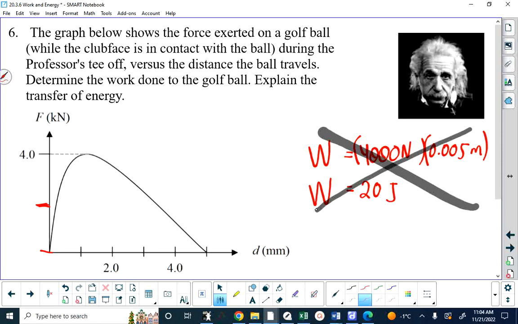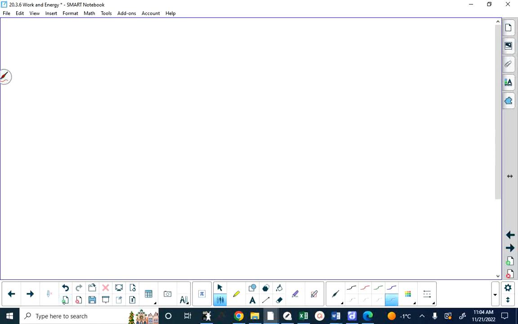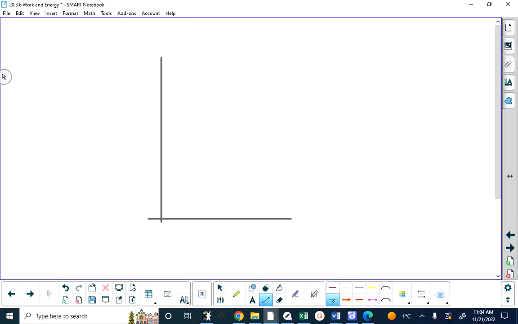Okay, let me give you a different illustration. What if I had a graph that looked like this? And just so I know as I'm explaining this, how many of you are planning on taking calculus next year? Okay, this is mainly for you guys. What if I had a graph that peaked at 4,000 newtons, and it started here and it did this.